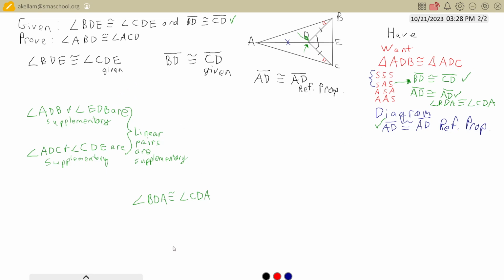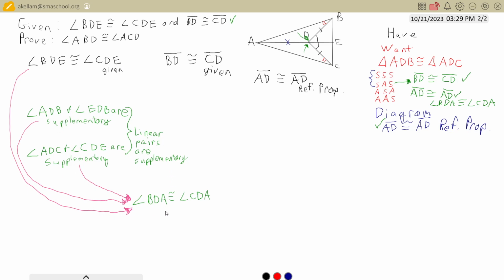So we are going to connect the dots here: the fact that ADC and CDE are supplementary, the fact that angle ADB and angle EDB are supplementary, and the fact that angle BDE is congruent to angle CDE.